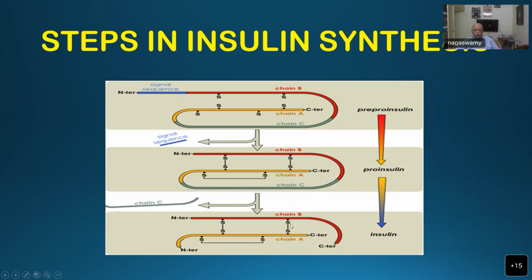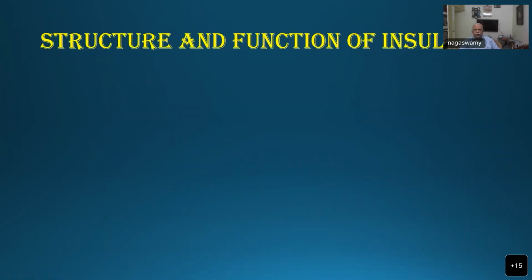There are two disulfide bridges connecting chain A and chain B, and the third disulfide bridge is within chain A itself. Chain B is the longer chain and chain A is the smaller chain, with 21 and 30 amino acids. By changing the sequence, we are able to synthesize the newer insulins that we are using today.